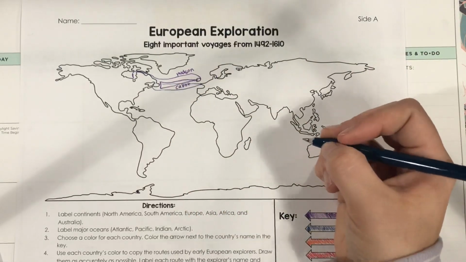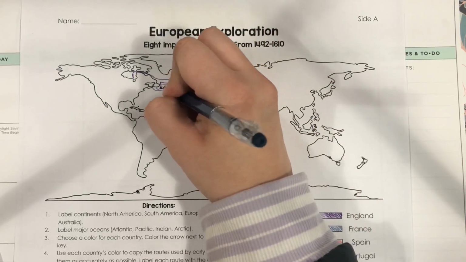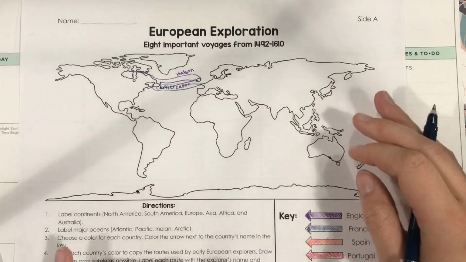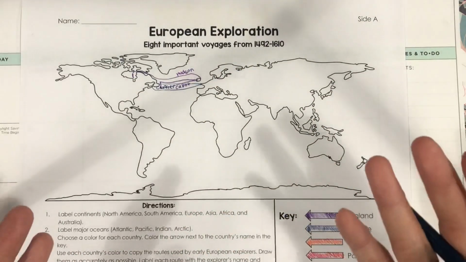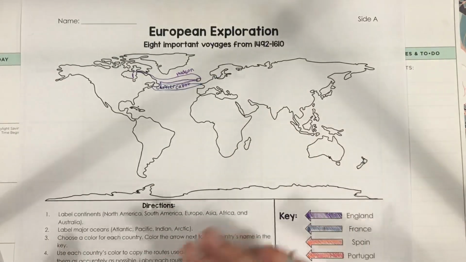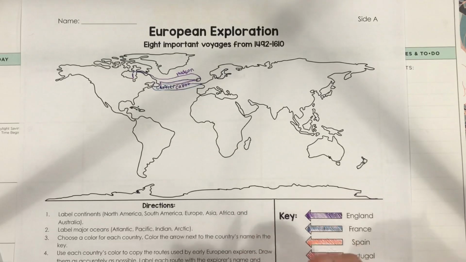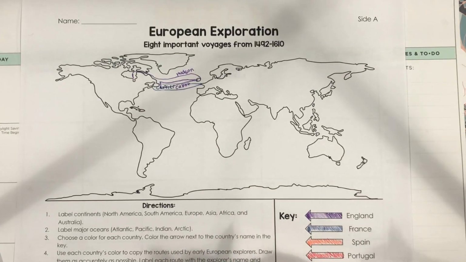And so that, again, was Cartier. Don't worry if some of your lines and names overlap, because they did. Even in real time, they went over the same areas that other people did, and that's totally okay. And then we're going to do the second explorer from France, Verrazano.